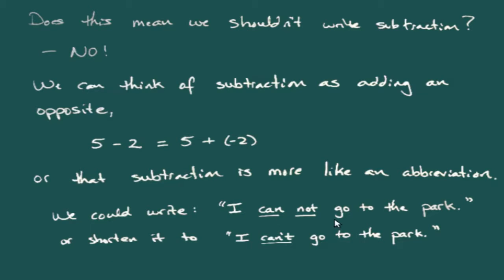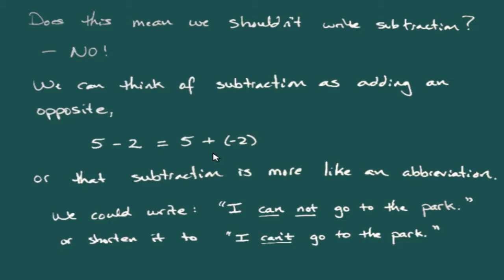And so I can abbreviate cannot with can't, and as I'm reading this, I'm really recognizing that can't is an abbreviation for cannot, just like 5 minus 2 is really an abbreviation for 5 plus the -2. So it gives me a way of being able to take advantage of the nice properties that only addition has, but still to use this operation of subtraction as the opposite of addition, if we want to think about it in those terms.